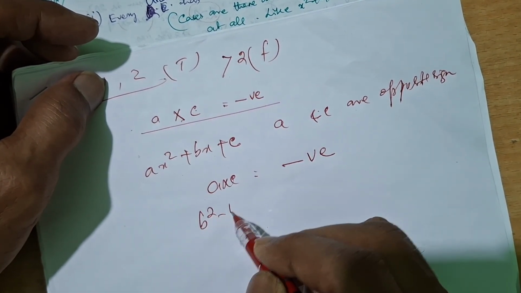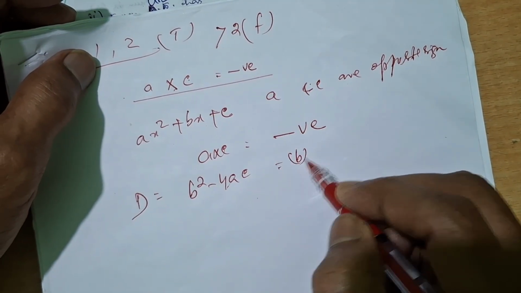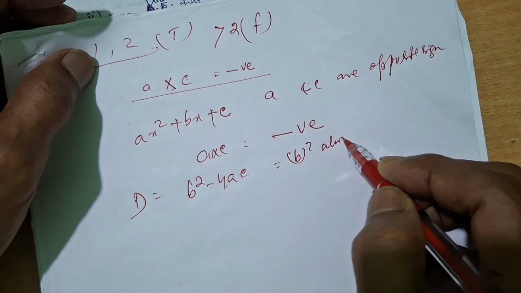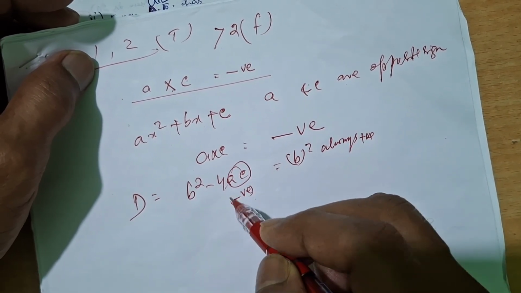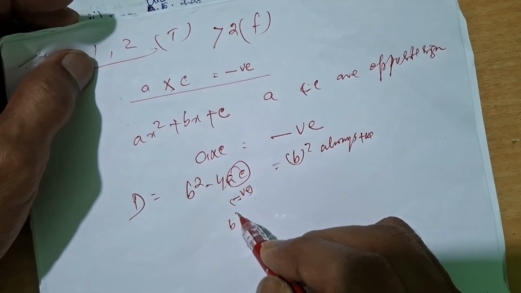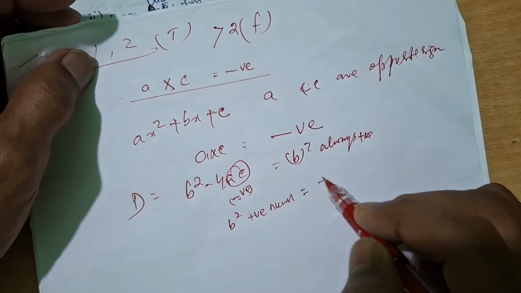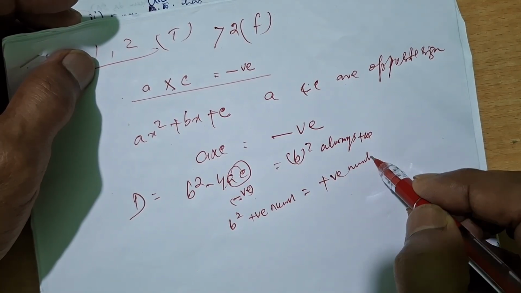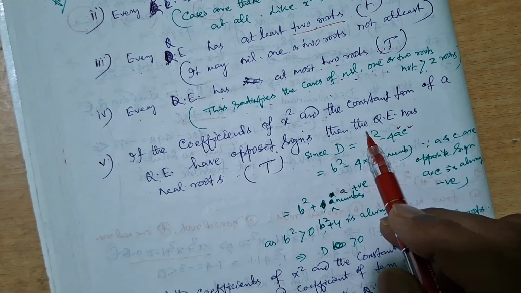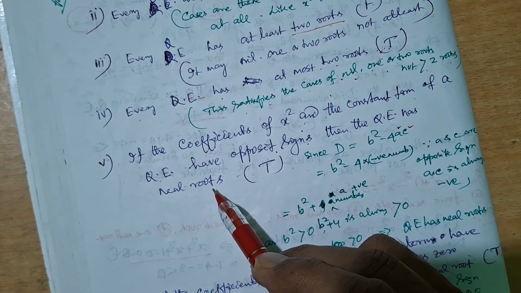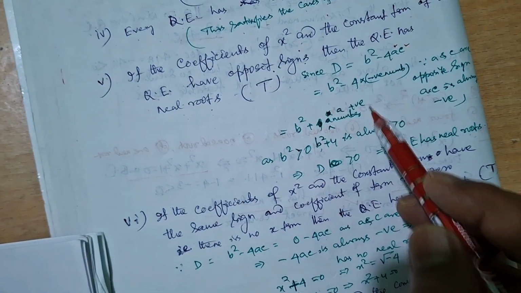So the discriminant D is equal to b square minus 4ac. b square is always positive, and ac is negative, so minus 4ac is positive. So b square plus a positive number is a positive number. So D is positive, which means it has real roots. Okay, only when it has opposite signs. This is described here.